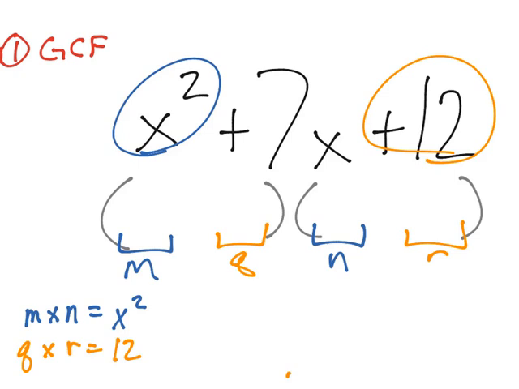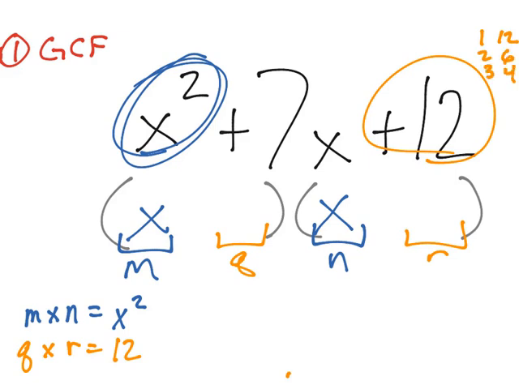Now for fun, I'm just going to throw them in. There's only one way to break down x squared, and that's x times x. We're starting with an easy one. Now for 12, we can break that down 1 times 12, 2 times 6, 3 times 4. Pick one. I'm going to pick 3 times 4 because I know what the answer is.